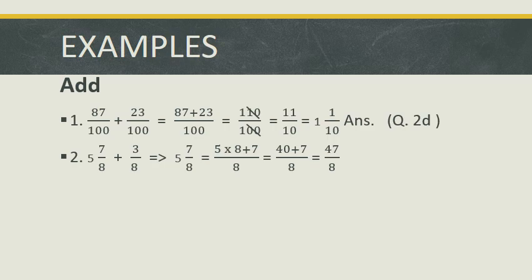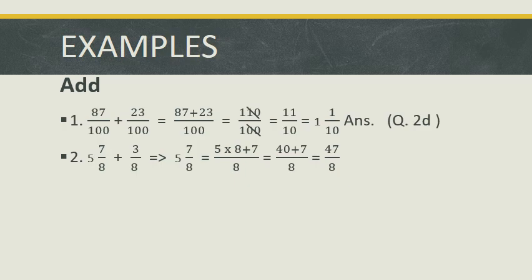So here we have two like fractions, one of which is a mixed fraction, and the other one is a proper fraction. Both have the same denominator 8. So children, when there is a mixed fraction, first we have to change the mixed fraction into an improper fraction. So let's see how we have changed the mixed fraction 5, 7 by 8.